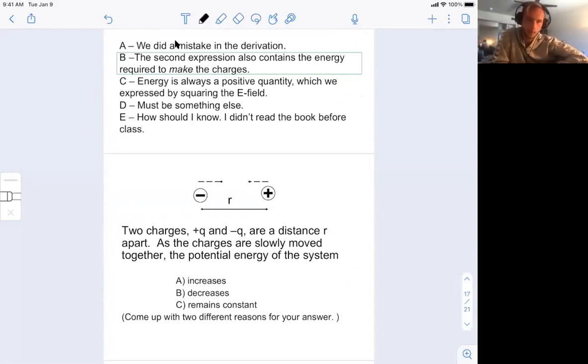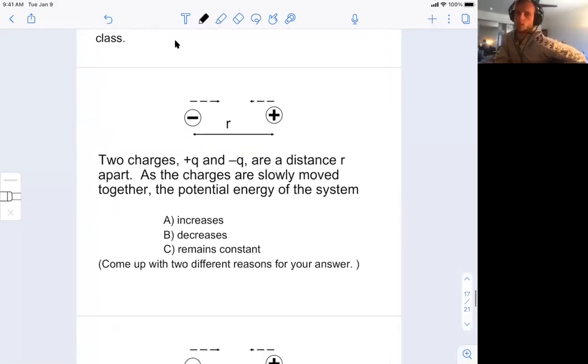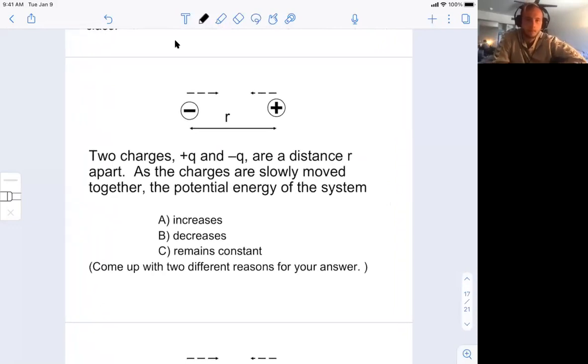So let's further just run with that thought and take a look at a couple more questions. So here is really just a two charge distribution, a positive Q and a negative Q, and we are slowly moving them together. Make sure that you emphasize the word slowly, that implies something. So how does the potential energy of the system change? Does it remain constant?